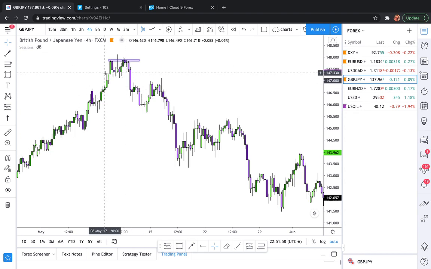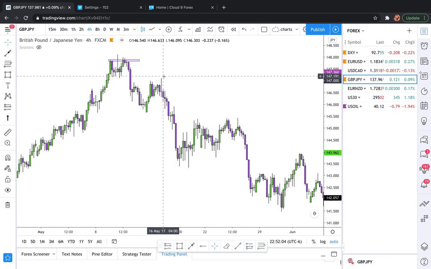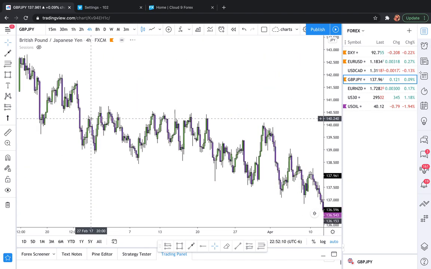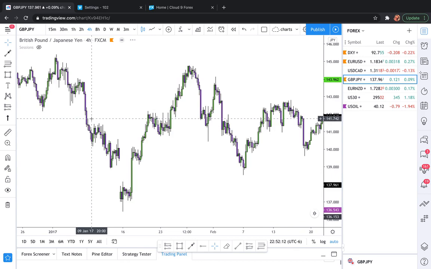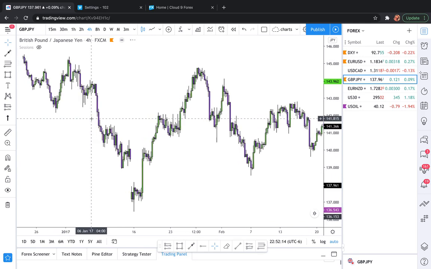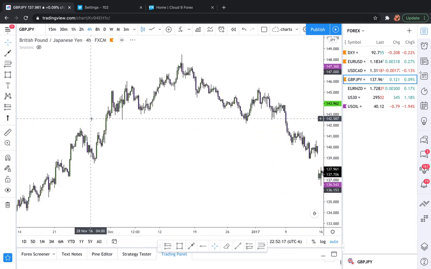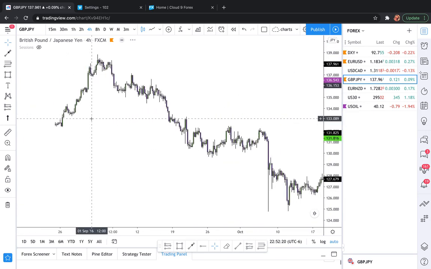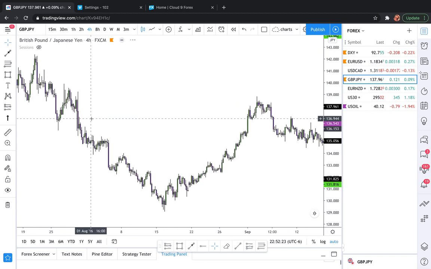M's and W's and double tops and double bottoms are the best. But as well as zones, obviously, pure market structure. And then, of course, impulse and corrections. Okay, let me see if I can find an inverse.